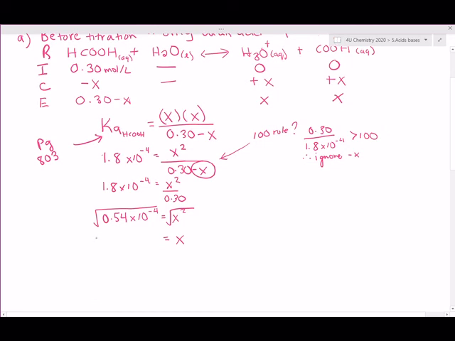So x is 7.3 times 10 to the negative 3. And x is in our rice table, so it's actually in moles per liter because it is a concentration. And it is equal to our hydronium ion concentration.